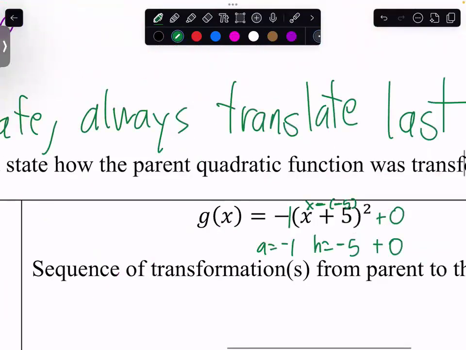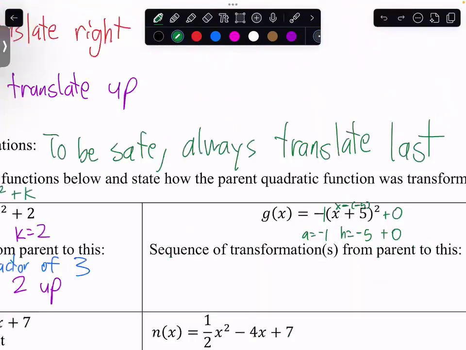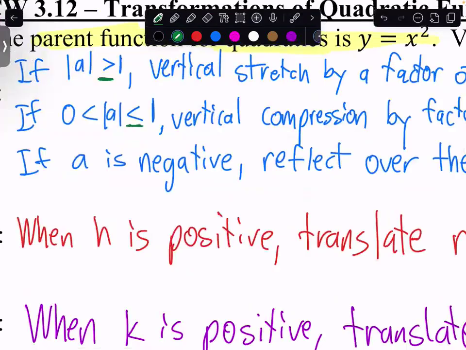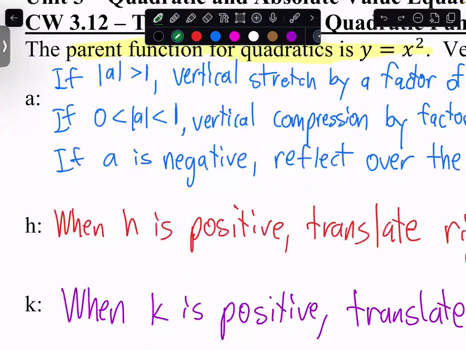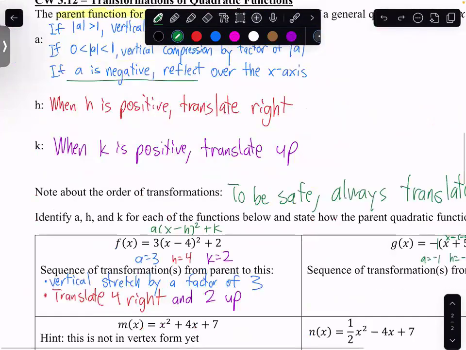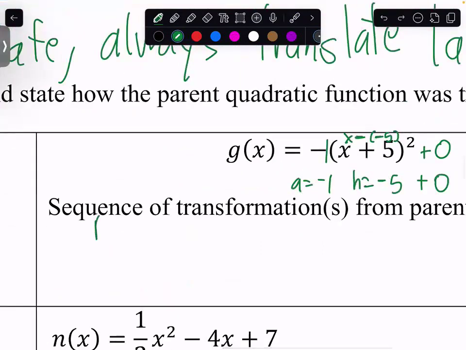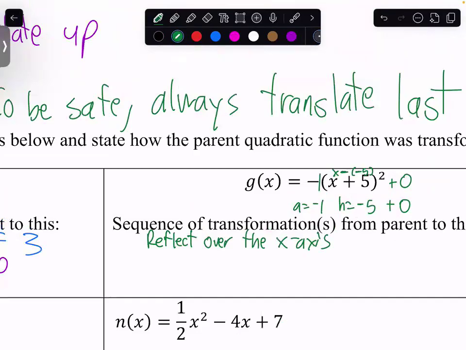Okay, so when A is negative 1 or positive 1, there's no stretch or compression, right? Because there's no greater than or equal to. So there's no vertical stretch or compression, but A is negative. Okay, so that means that we reflect over the x-axis. Now we look at h. H is negative 5.